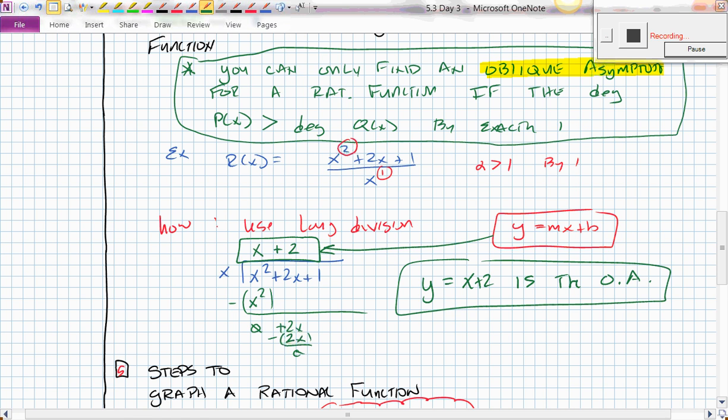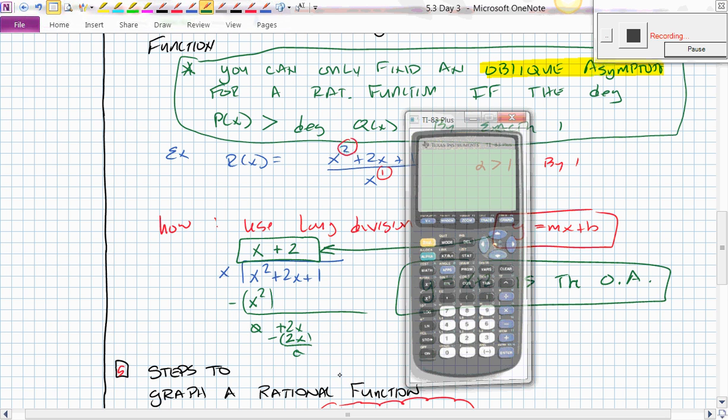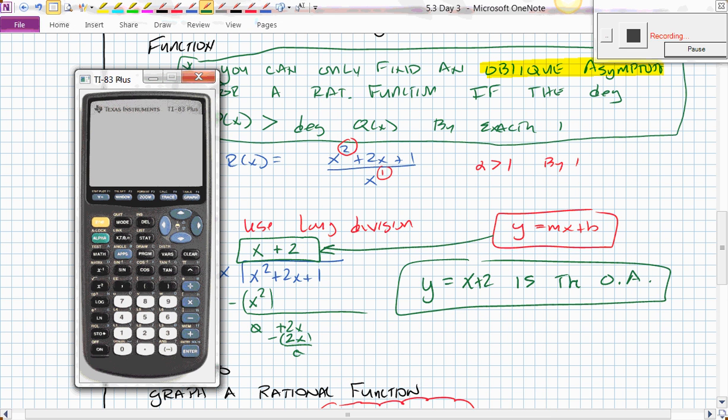So let me show you that on the calculator to prove that we're not crazy here. Okay, turn it on. Go to y equals. Clear all this stuff out. Let's go to the top, and let's punch in our rational function. I'm going to use parentheses, keep everything together. Put x squared plus 2x plus 1, and then divided by x in this case. So I'm going to hit graph.